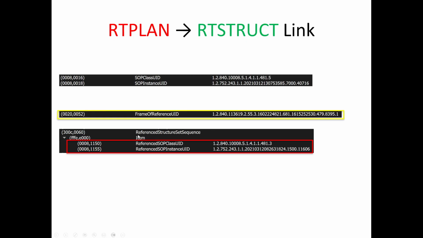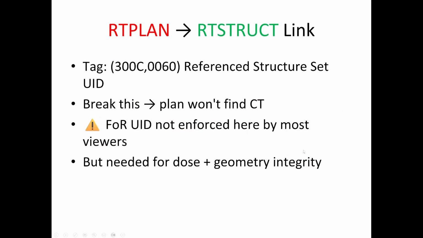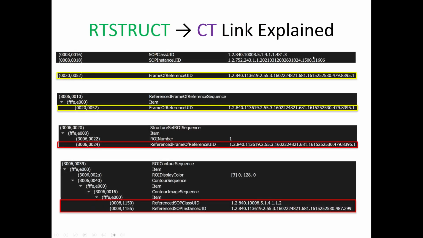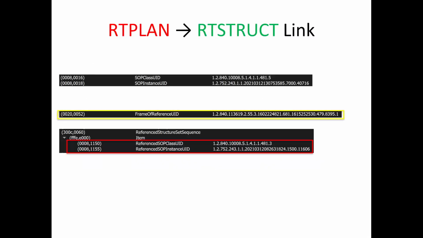The RTPLAN also references back to the structure set with the SOP class UID, and this 481.3 always means a DICOM RTStruct object, and this UID will be specific to the RTStruct. We can go back to the other slides, and if we remember 11606, you can see this is exactly the RTStruct being linked in these four objects.